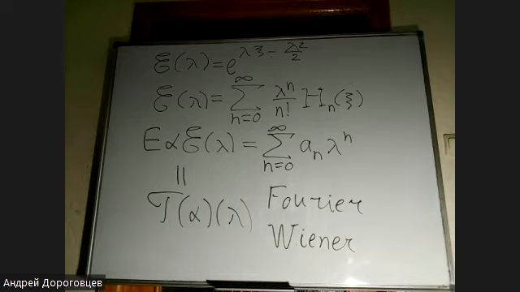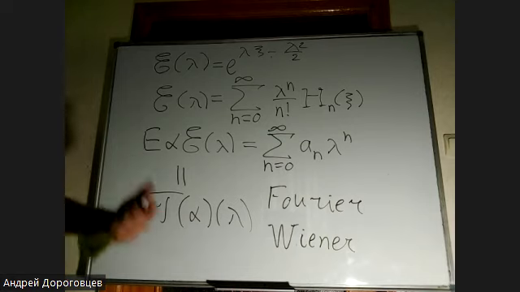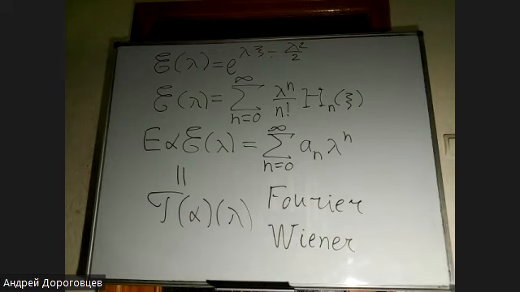Why Fourier? Maybe you remember that one of the most important properties of the Fourier transform is its very good reaction on the convolution. So we have the good property: if we have two functions and consider a convolution of these two functions, the Fourier transform of the convolution is equal to the product of the Fourier transforms of the initial functions. This is the fundamental property.